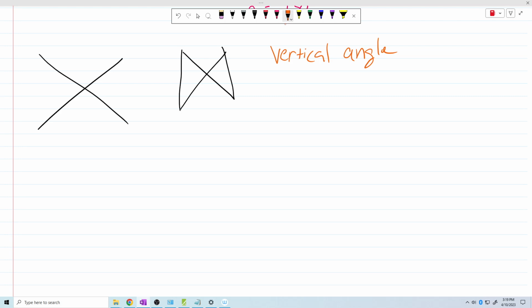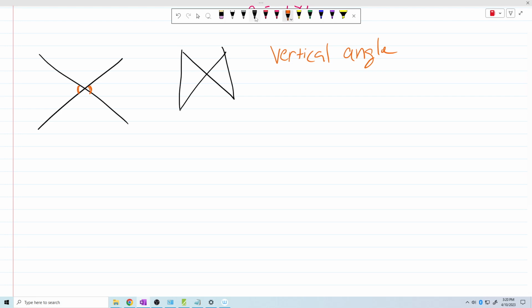Now, there's something unique about vertical angles. It's the idea that when you have two lines that cross like this, a vertical angle is saying that these two are the opposites of one another. These two are the opposites of one another.